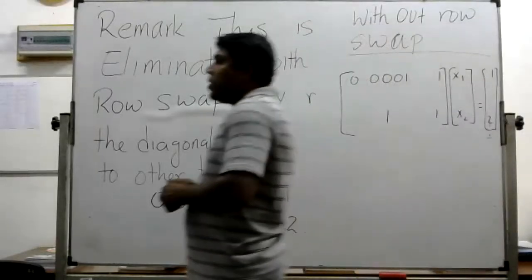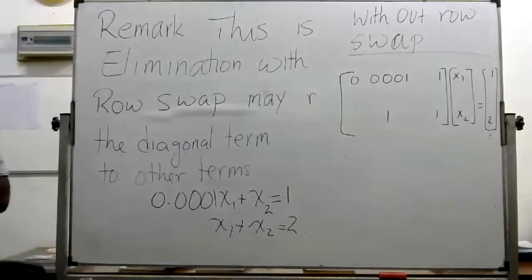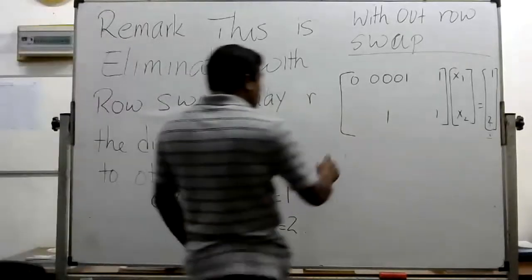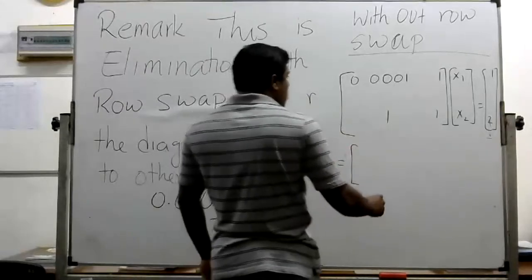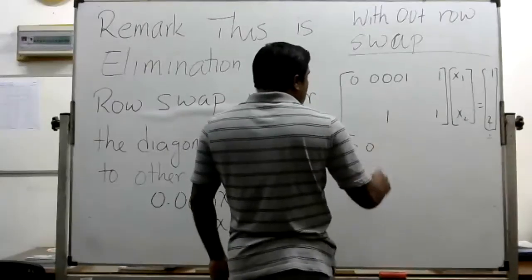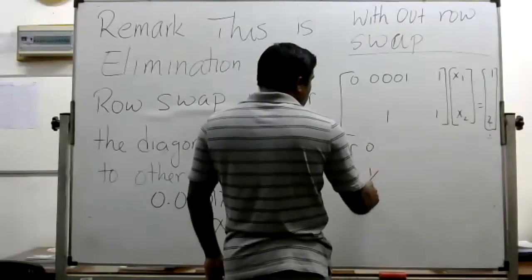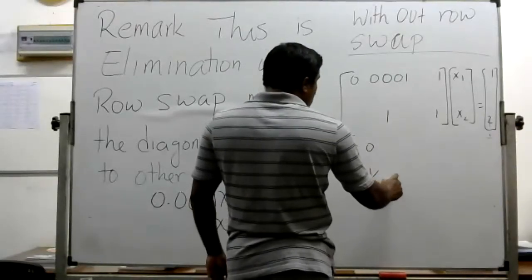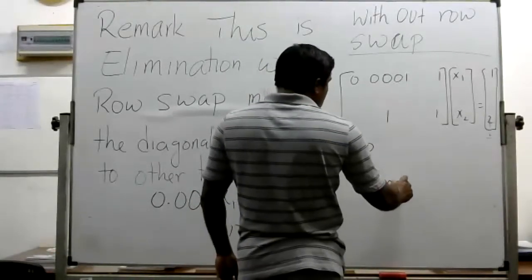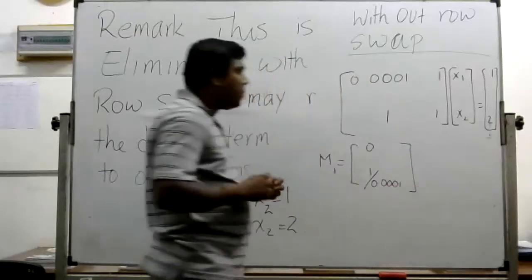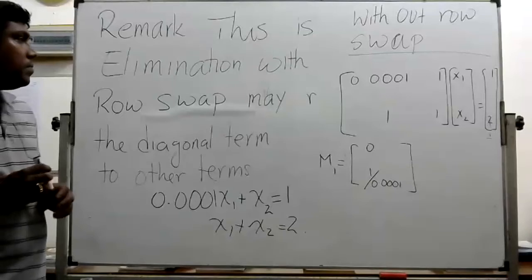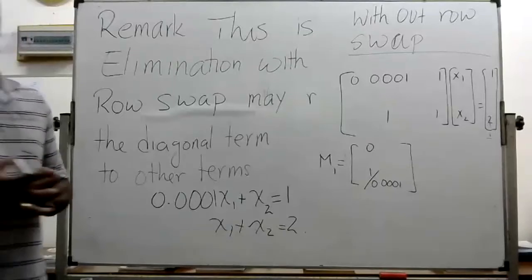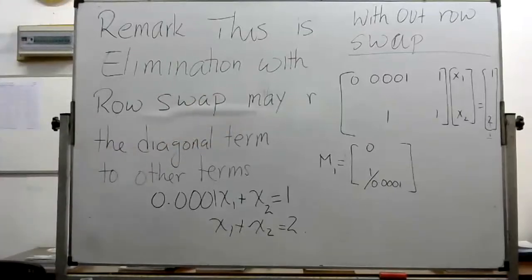You try to do it without row interchanging. So you know your m1 is equal to 0, 1 over 0.0001. This is how you choose your m.